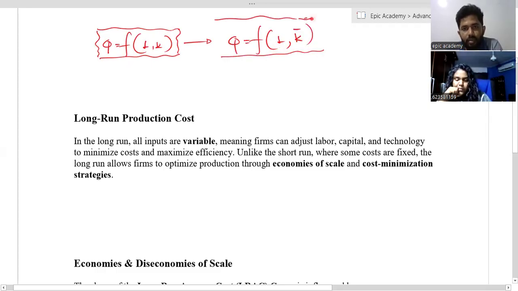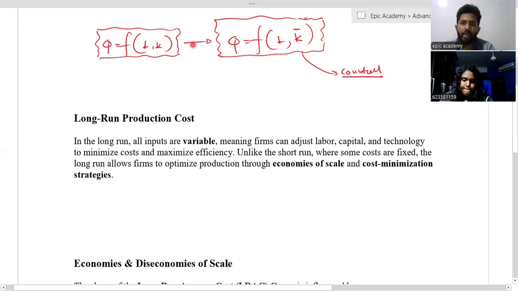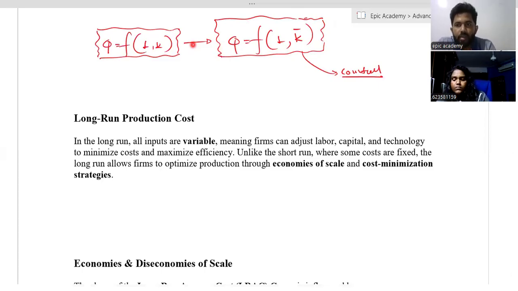Here it represents that at least one production factor is constant. That means during the short-term production process, you cannot change some production factors. Definitely we know that capital cannot be changed during the production period of the short run.